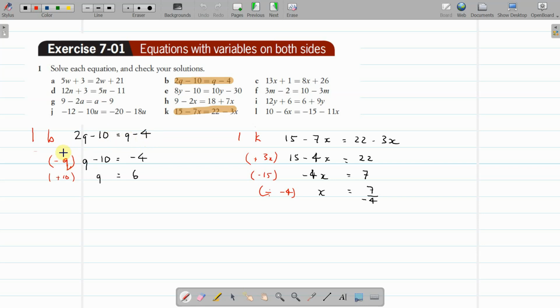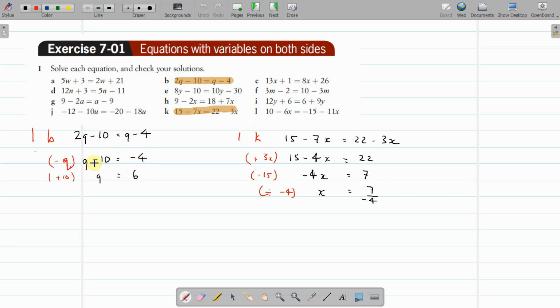Once I've done a minus q to here, that q disappears, and all that's left then is the number, minus 4. Do the same on this side, 2q minus q just leaves us with 1q. And so that 2q becomes just q, minus 10 stays.